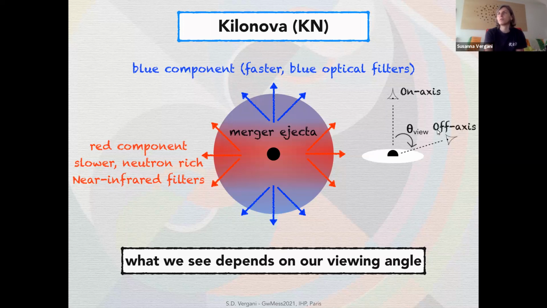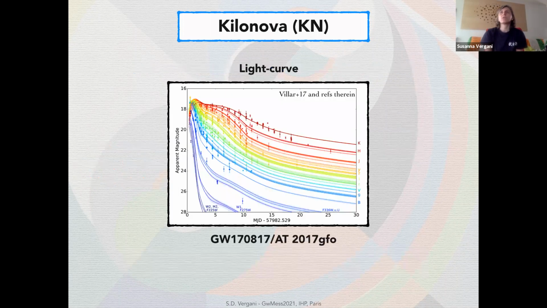As you can see immediately, if I am off axis, there is a chance that I will be completely blind to the blue component and will only see the red, and vice versa. On axis, I will be very sensitive to the blue and also to the red, so I will not miss the blue component, okay?